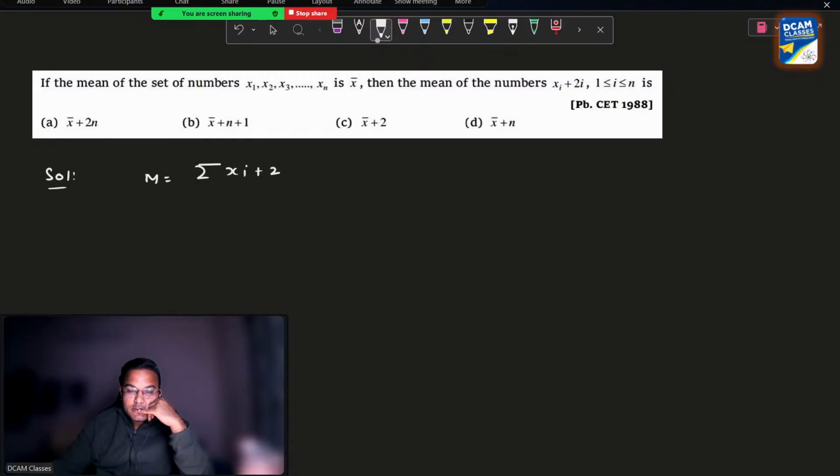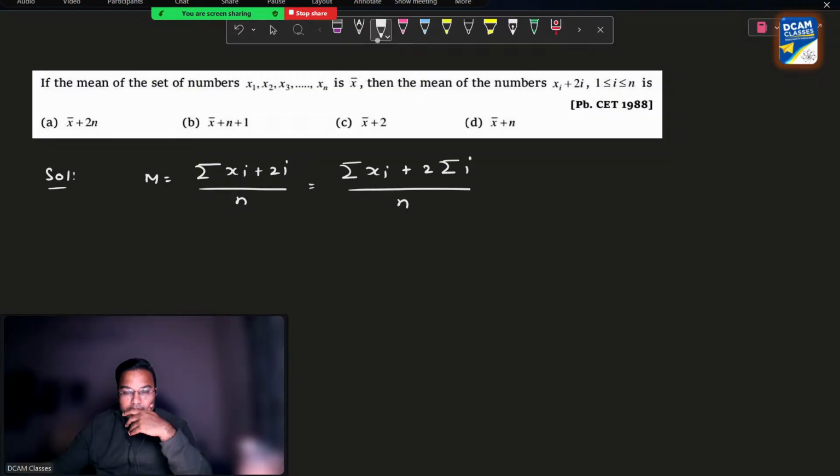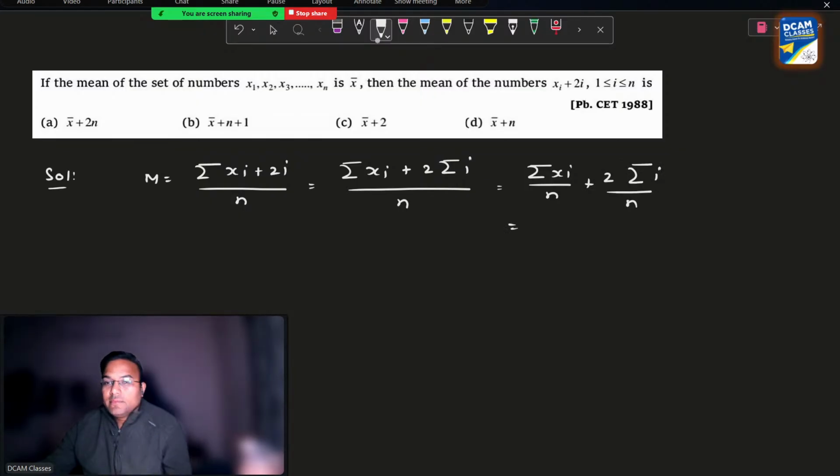Sigma (xi plus 2i) whole divided by n. Now, this will be sigma xi plus 2 sigma i, so sigma xi by n plus 2 sigma i by n. This is x bar plus 2 by n times sigma i.